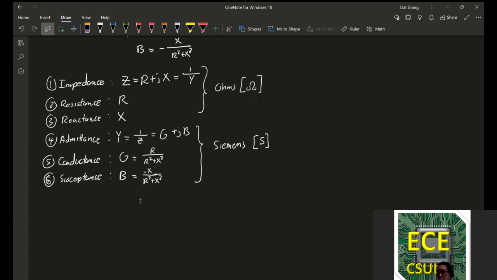But in general, sometimes it's easier to find voltage-current relationships in terms of admittance quantities compared to impedance quantities. An example is like this. Sure, this is easy to find the impedance of, but sometimes it's easier to find the admittance of and then find the reciprocal. Okay, so thank you.